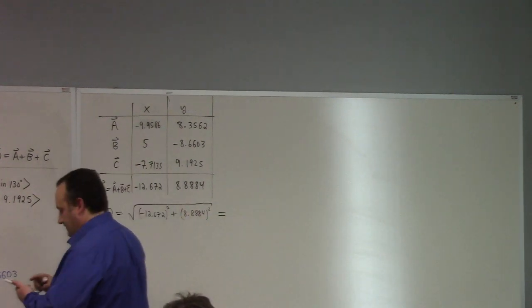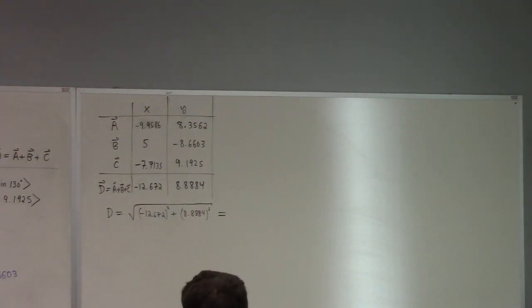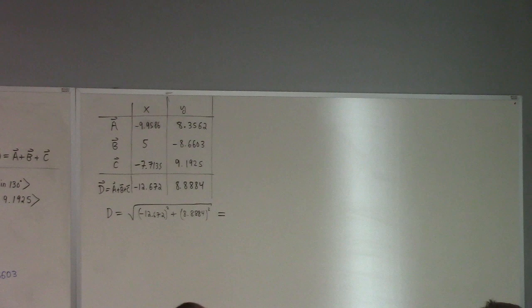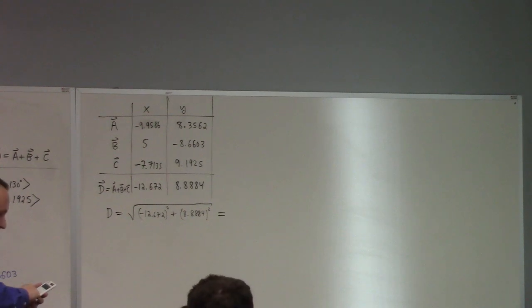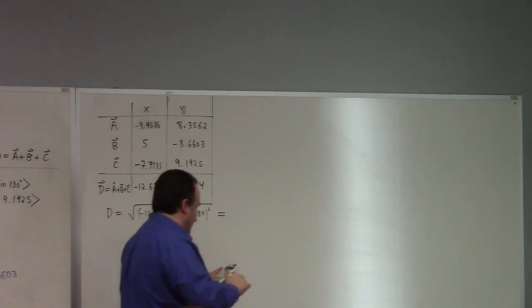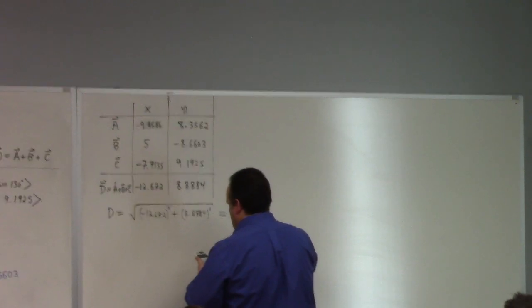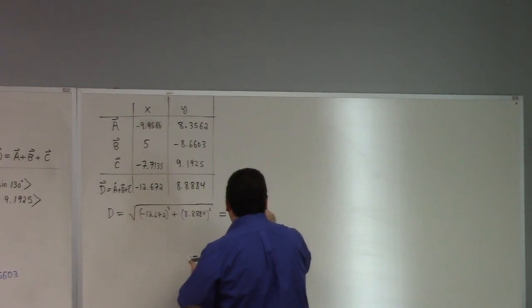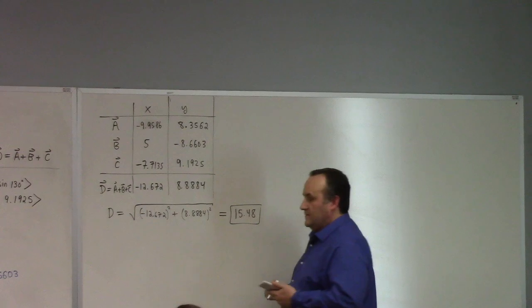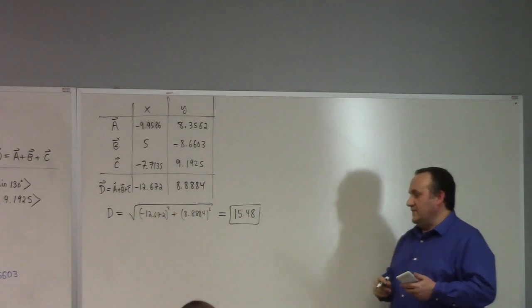What's that give me? And do you really care about the minus? It gets eaten by the squaring. I'm just saying logically it's there, but in practice it doesn't matter. 15.48. Yeah, 15.48 if we're going to keep 4 digits. So there's the magnitude of the resultant, 15.48.